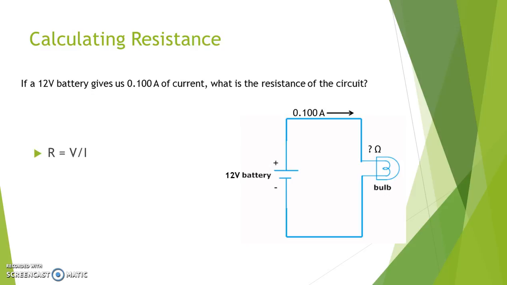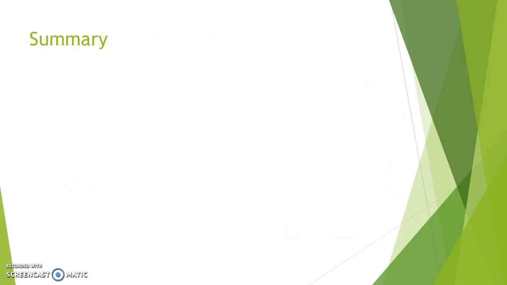The resistance is equal to voltage divided by the current. Then we substitute in our voltage, 12 volts, and our current, 0.1 amps. And then our trusty calculator gives us the answer. The resistance will be 120 ohms. So all these calculations will take this kind of form.